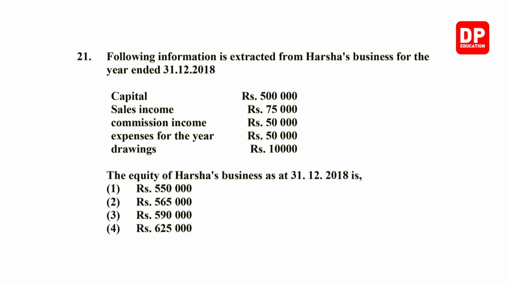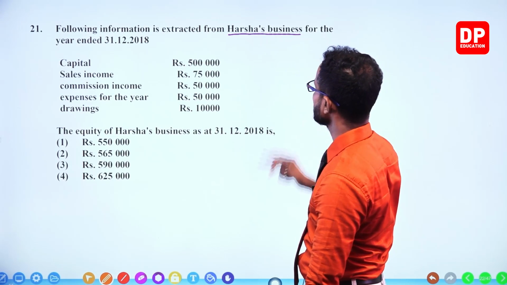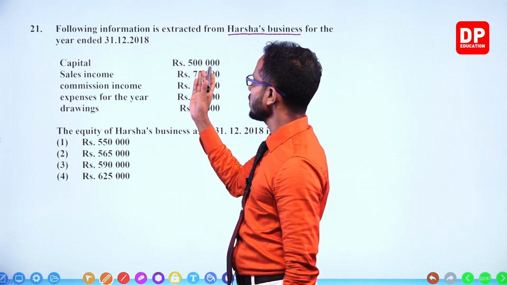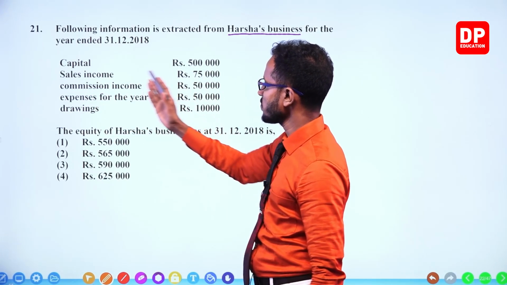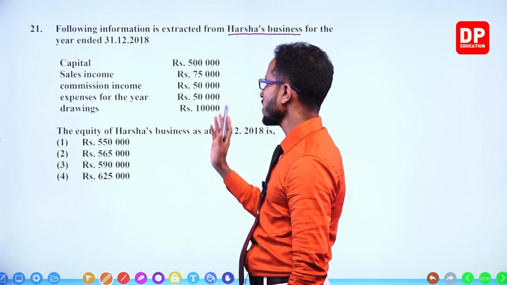The following information is extracted from Harsh's business for the year ended 31st December 2018. Capital 500, sales income 75, commission income 50, expenses 50, drawings 10.